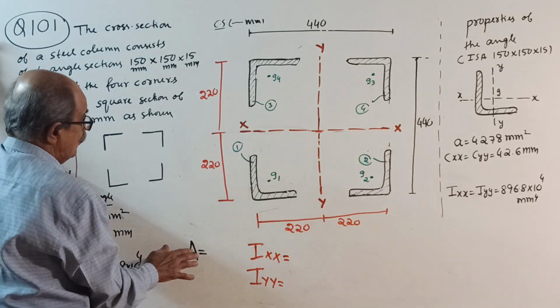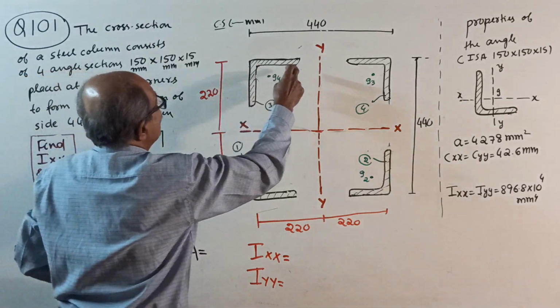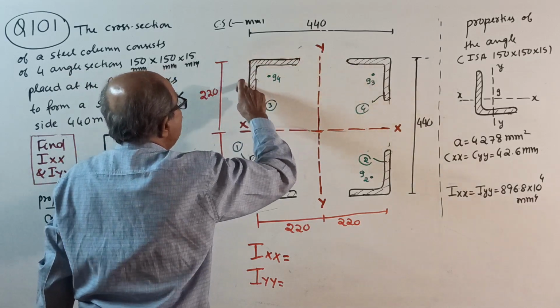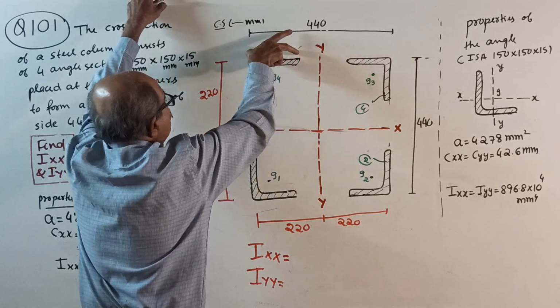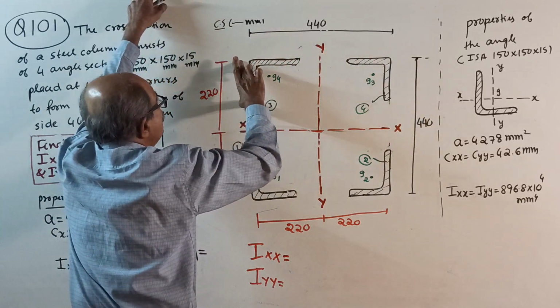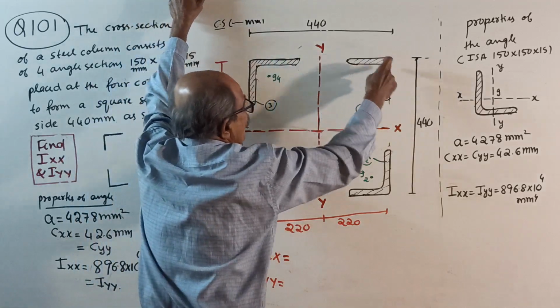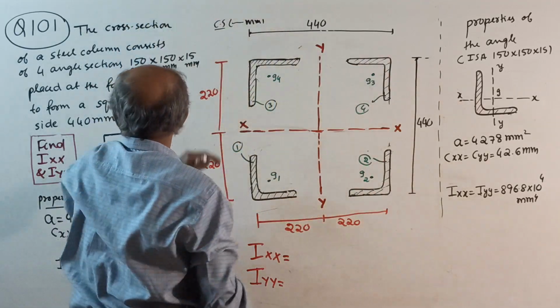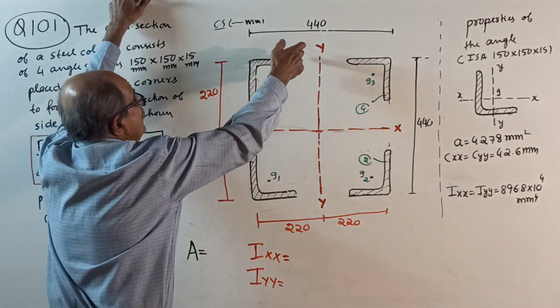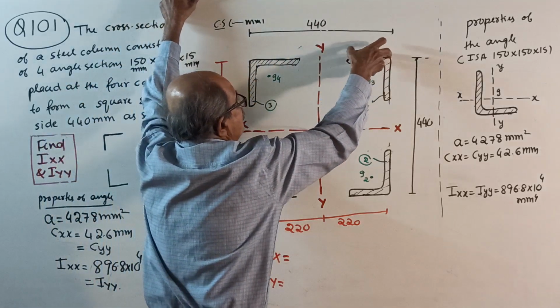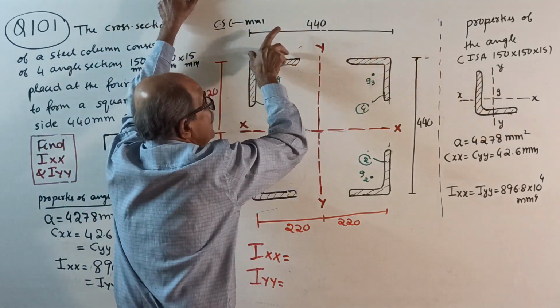Now, first, the cross section is here. I have drawn the angle as neatly as possible. 4 angles. See here, this is 150, not required for you. 150, 15. Same for all the 4 angles. They told us to form a square section of side 440. See, this is 150. This is 150. 150 plus 150 is 300.